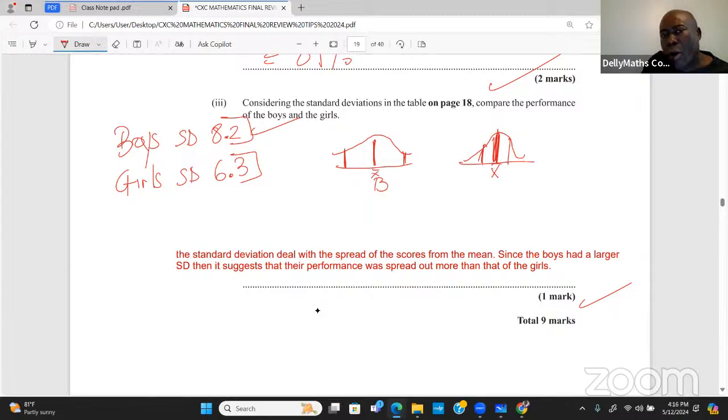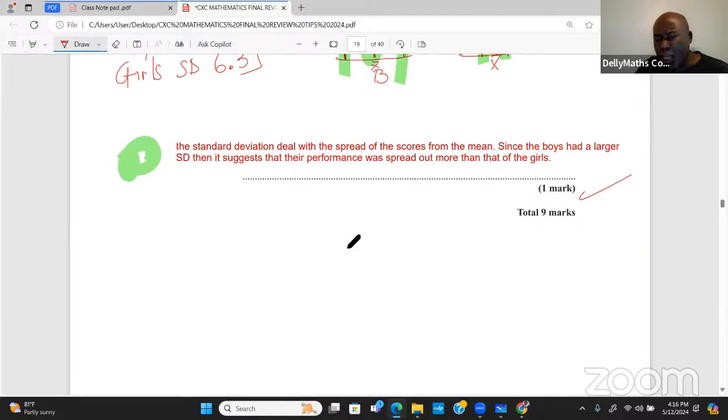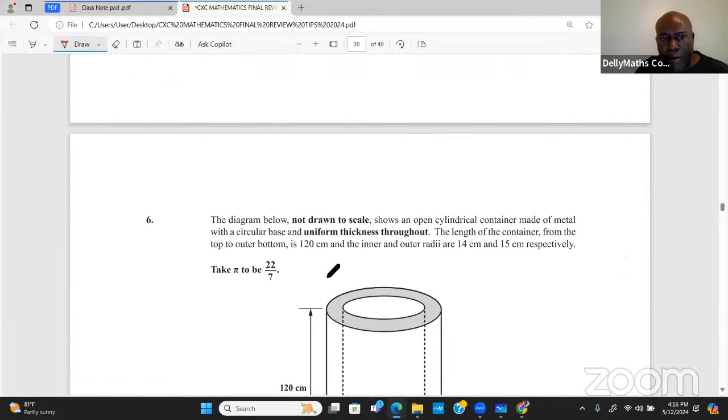And I'm simply saying the boys would have spread out more. The girls would have performed closer to the mean compared to the boys. They are spread out a little bit more from here to here compared to the girls here and here. That's all it means. I hope you understand that, because I do realize that they keep asking this every now and then. So it can just pop in for a 1-mark right there.